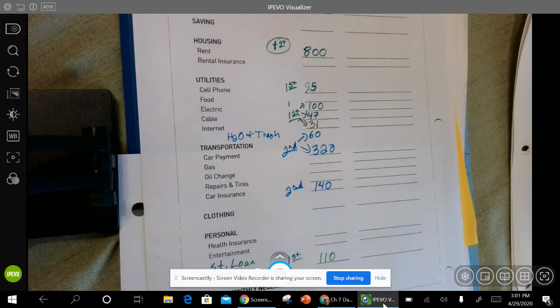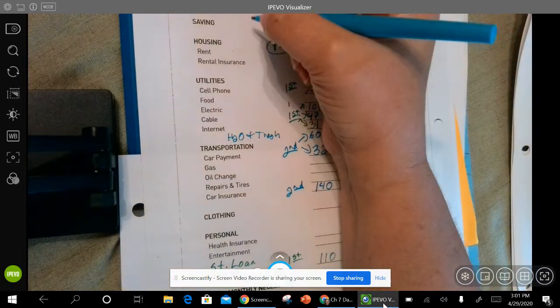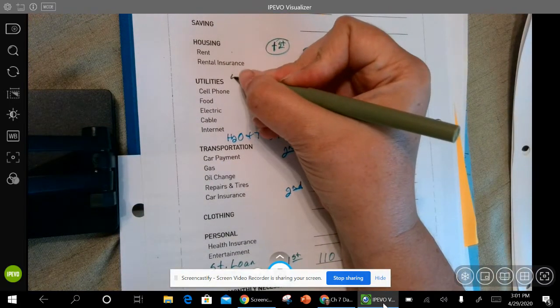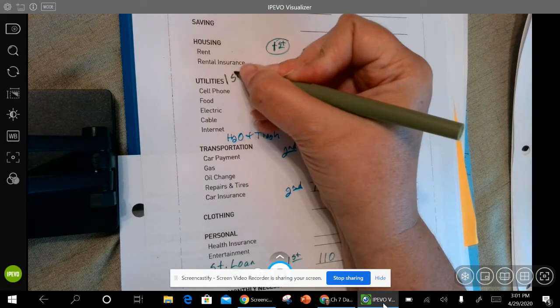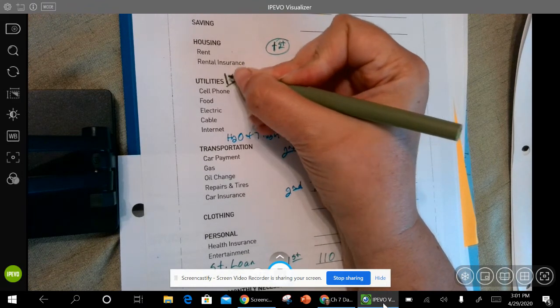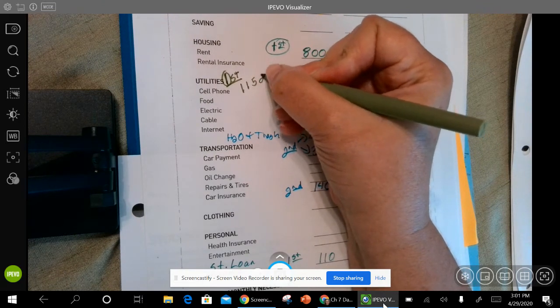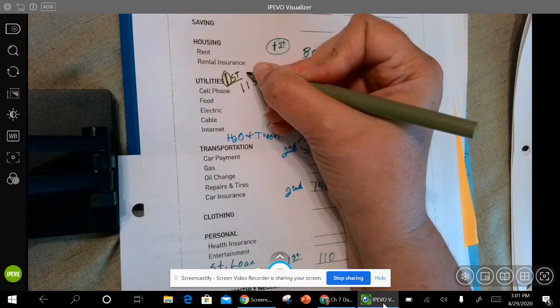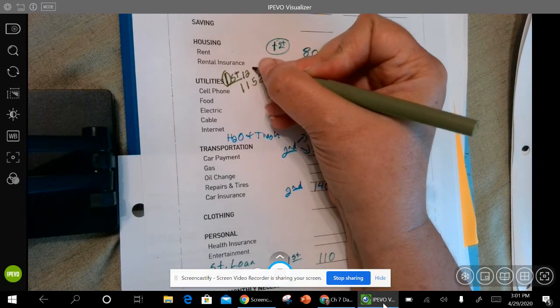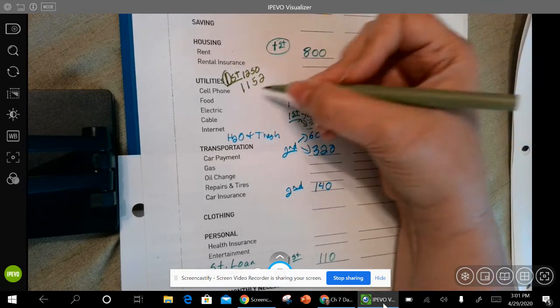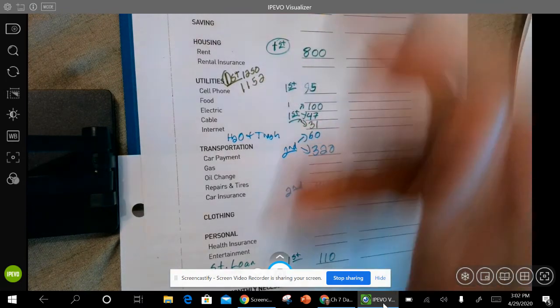For the first paycheck I got $1,152. So I'm going to subtract that from our paycheck amount of $1,250.